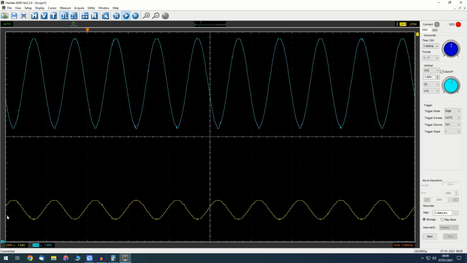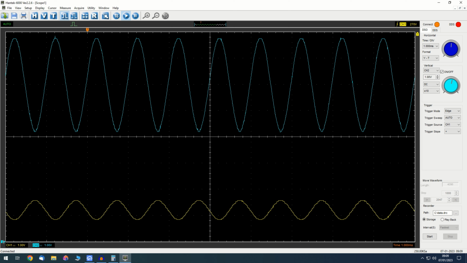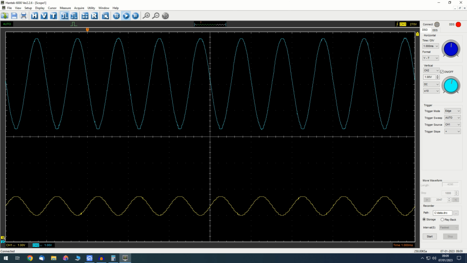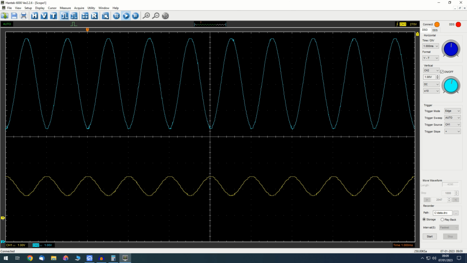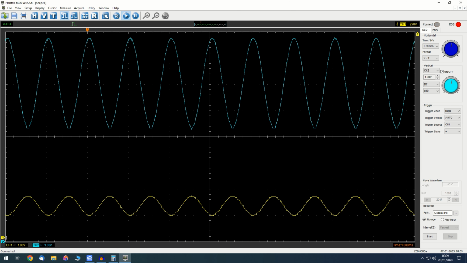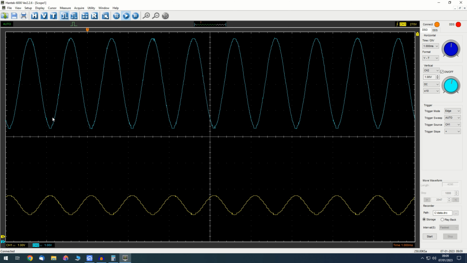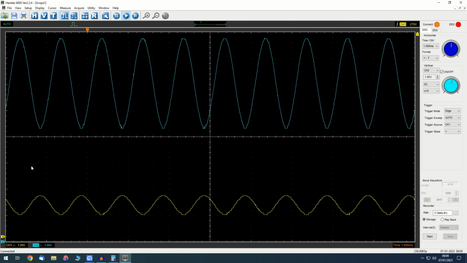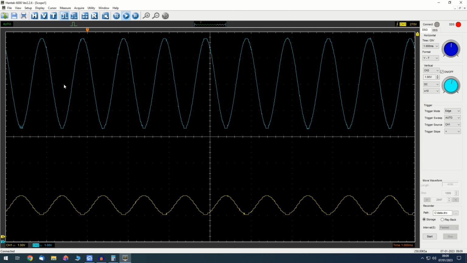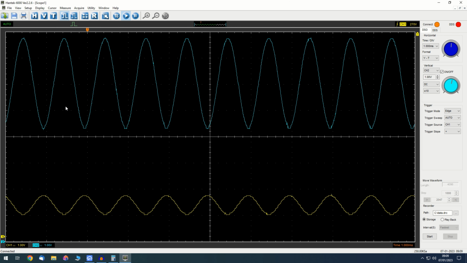Looking at that one, the signal on that, if I just play with that slightly, remember it's on 1 volt per division, so that's at about 0.8 volts roughly, and the output is more or less symmetrical, so it's about 4 and a bit volts.